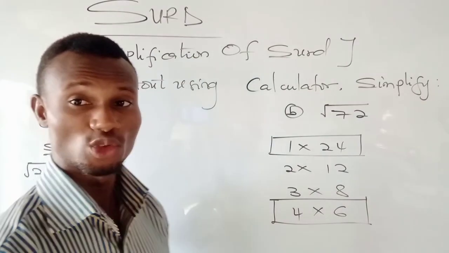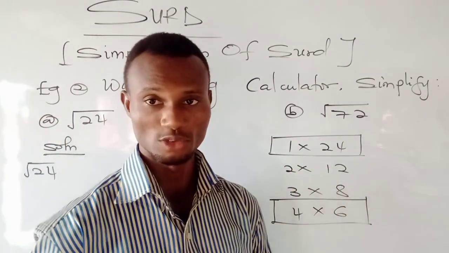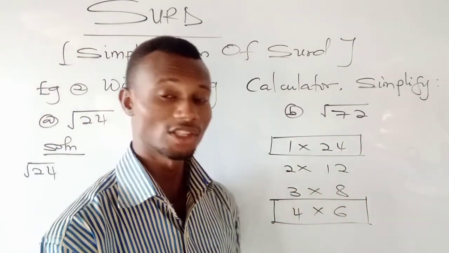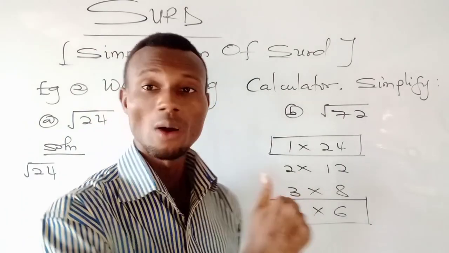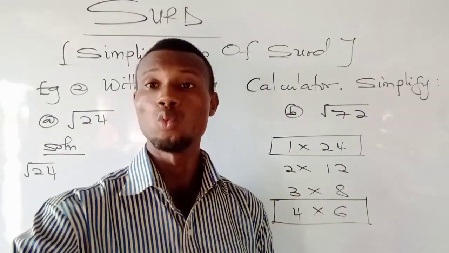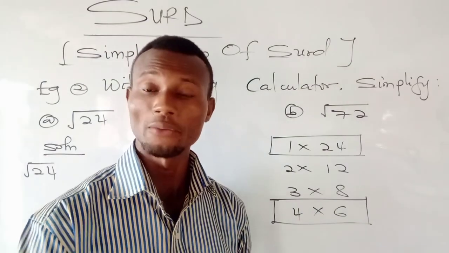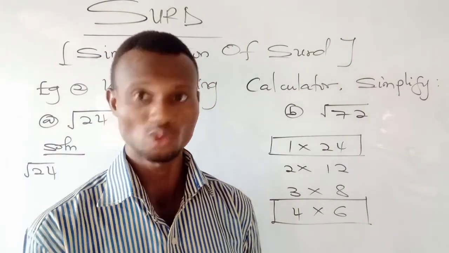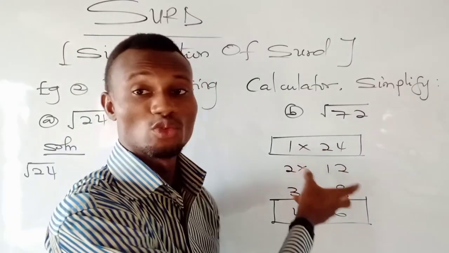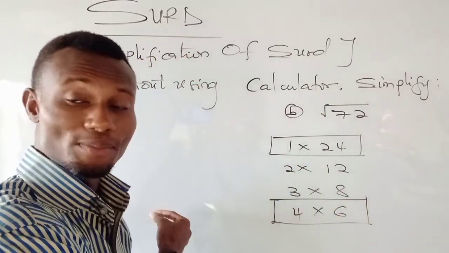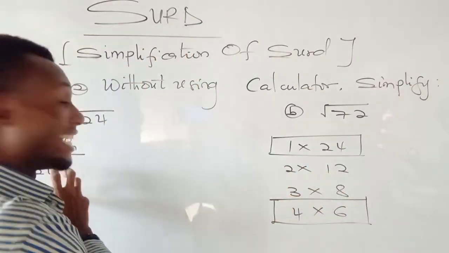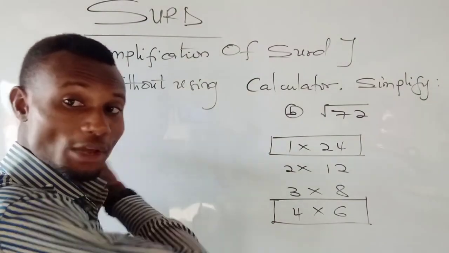I've explained to you that we cannot pick the 1 times the 24, because we don't pick the one which has 1 as the perfect square. If you pick the 1 times the 24 to simplify, it will still leave you at the same place, which is the root of 24.